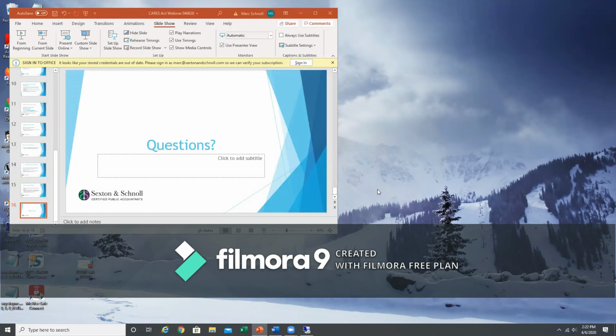So if there are any other questions, here's another one. A question about independent contractors, and that's something we didn't really get into, but we will now. Independent contractors are eligible for all of these programs. In the PPP setting, it's really the net income from self-employment that is sort of the proxy for payroll.